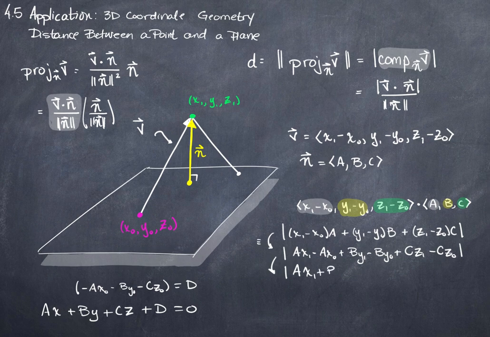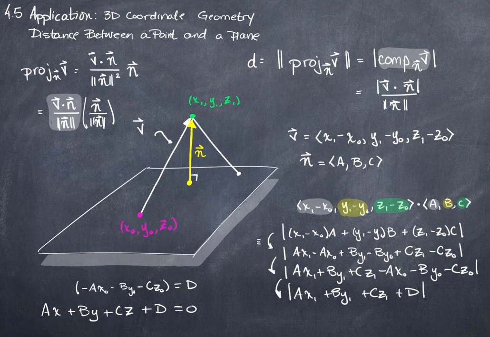AX1 plus BY1 plus CZ1 minus AX naught minus BY naught minus CZ naught, and then I can write it one more time as AX1 plus BY1 plus CZ1 plus D.